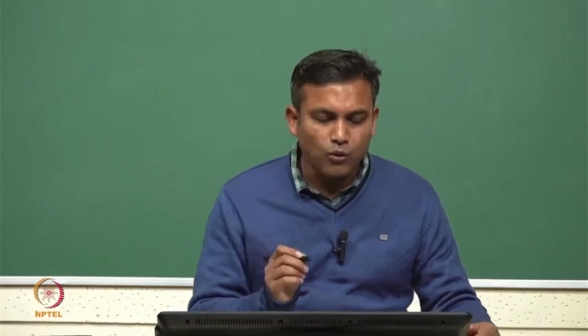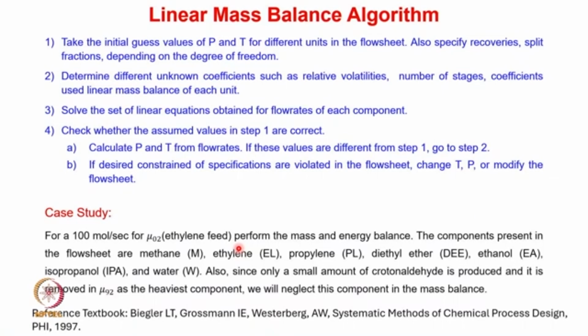So typically how we solve each of these units is we take the initial case of pressure and temperature for different units in the flow sheet. Also we specify the recoveries, split fractions depending on the degree of freedom. Then we determine the different unknown coefficients such as relative volatilities. We also find out the number of stages, coefficients used in the linear mass balance of each unit.